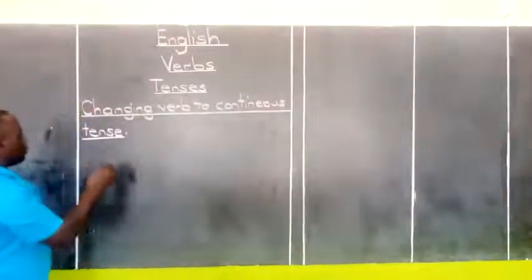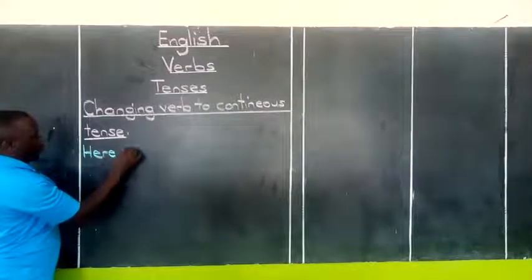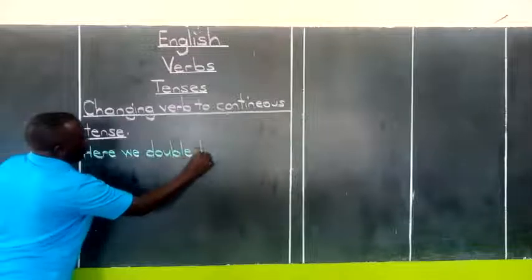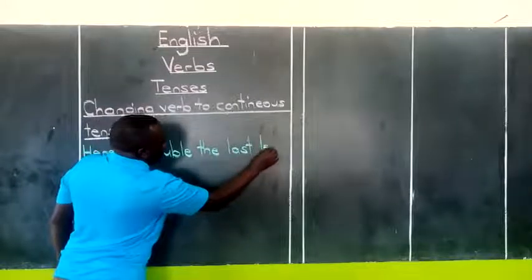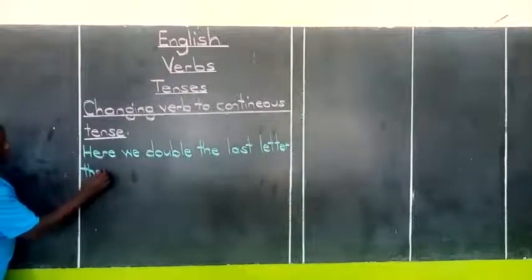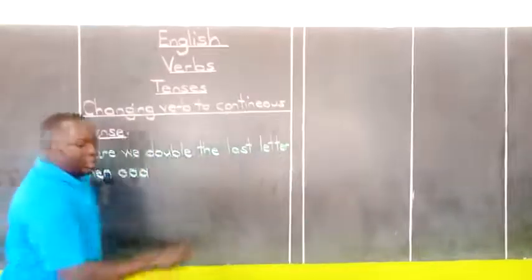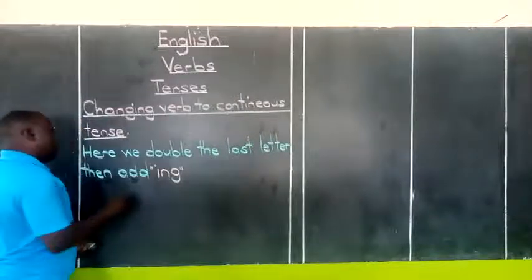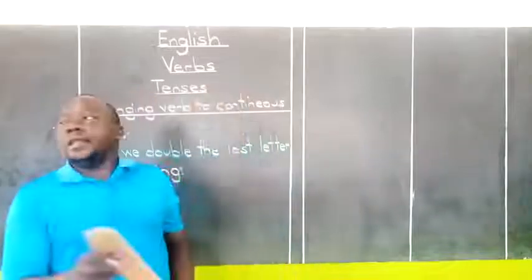Here we double the last letter, then add ing.